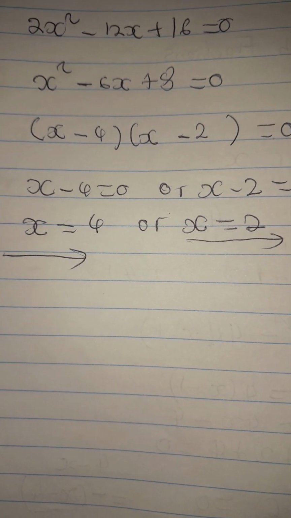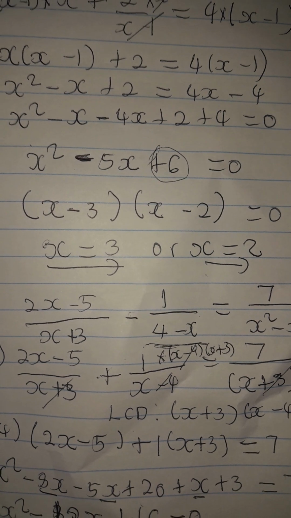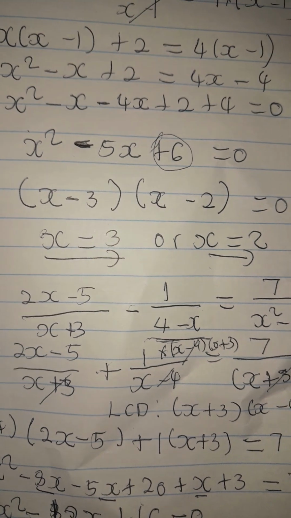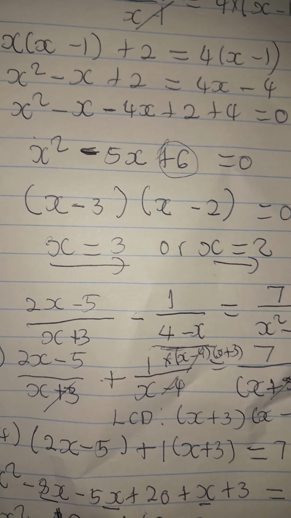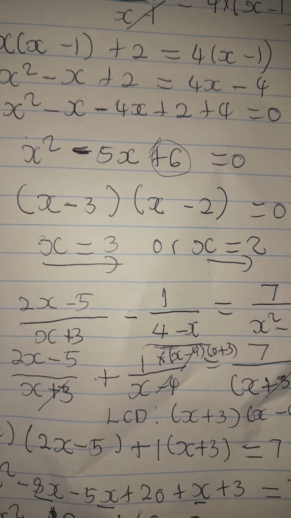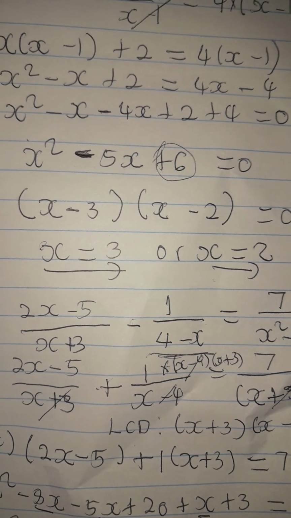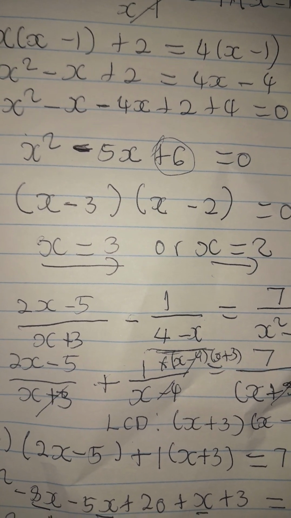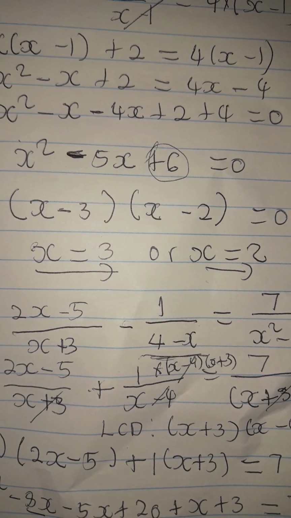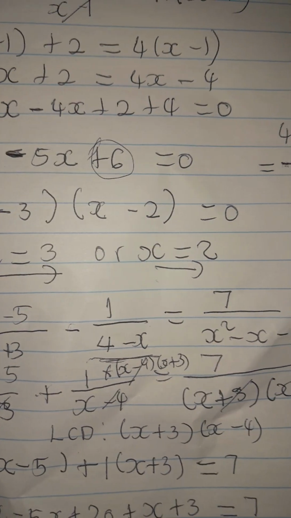Let's go back and recheck so that we know whether they are correct or not. All right, let's start with 2. Where we see x, we are going to put 2: 2 minus 5 divided by 2 plus 3, minus 1 over 4 minus 2. We are working with the left hand side. The left hand side gives -7 all over 10.